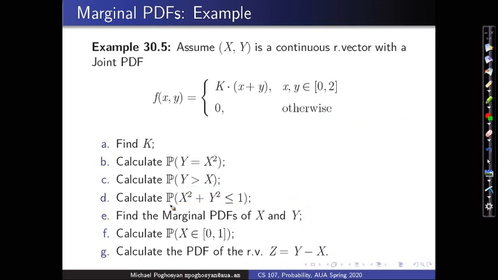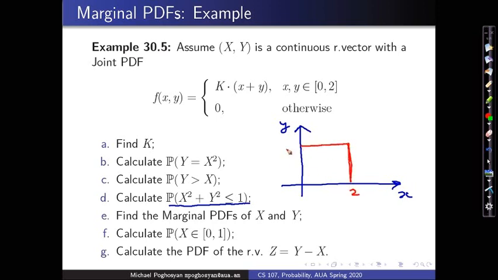Okay. So the next part, calculate the probability that x squared plus y squared is less or equal than 1. Again, first geometrically, what are we calculating? So xy is in some region. I need to draw that region, then write a double integral for that. So this is our support, 2, 2. Our f is non-zero only here.